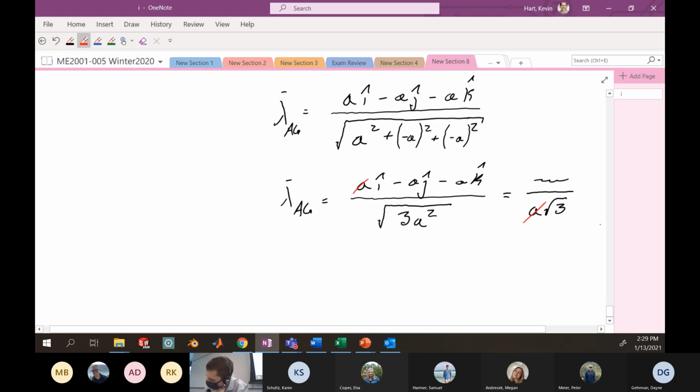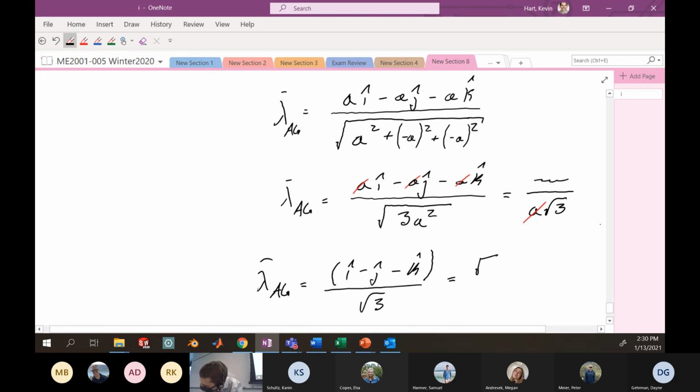This A will cancel with the A's in the numerator. And you're ultimately left with a unit vector along this axis, which looks something like I minus J minus K, all normalized by root 3. Hopefully you learned in your math classes that it's bad to have square roots in the denominator.